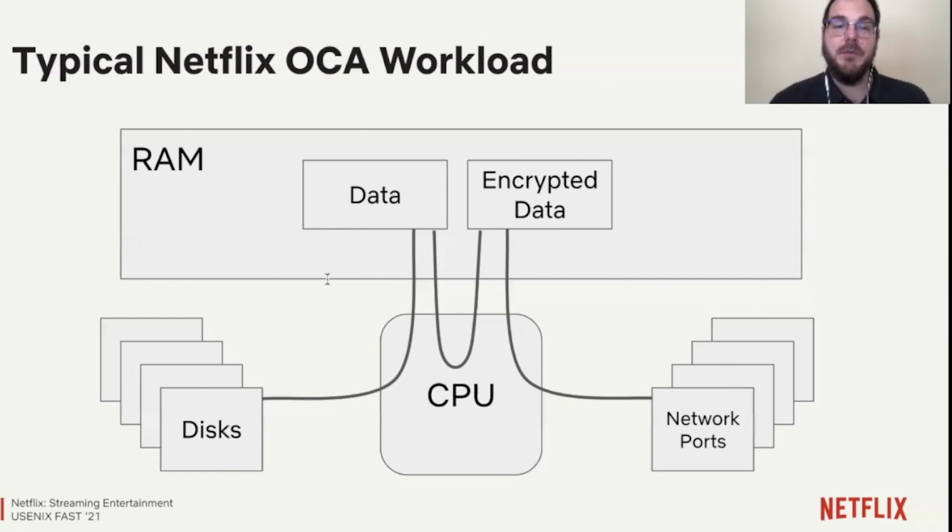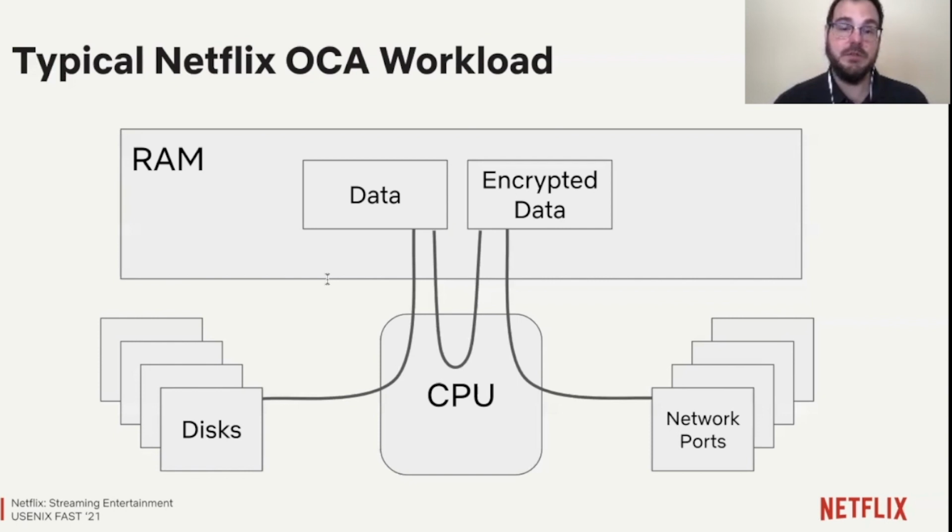This diagram helps to illustrate the contended resources in the system. We have disk capacity, which has a certain performance. We have memory capacity with a certain performance. And we have network port limitations as well. And obviously the CPU has a certain number of cycles available.